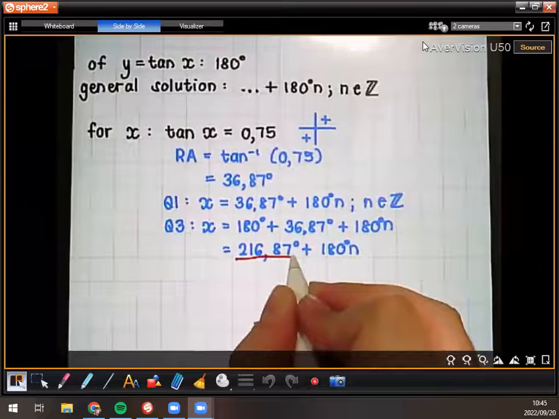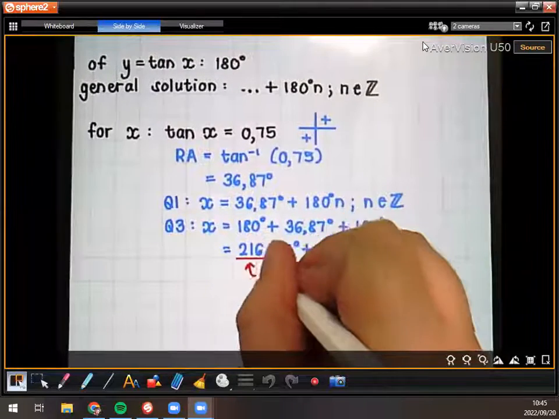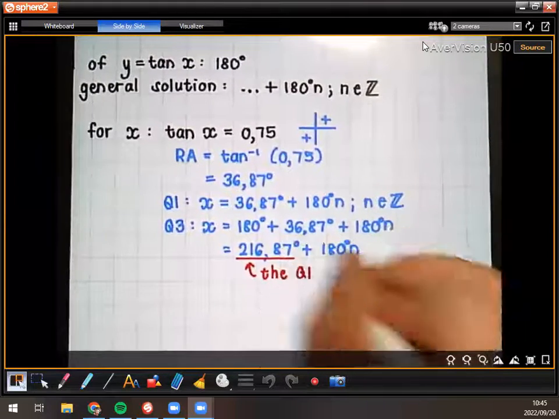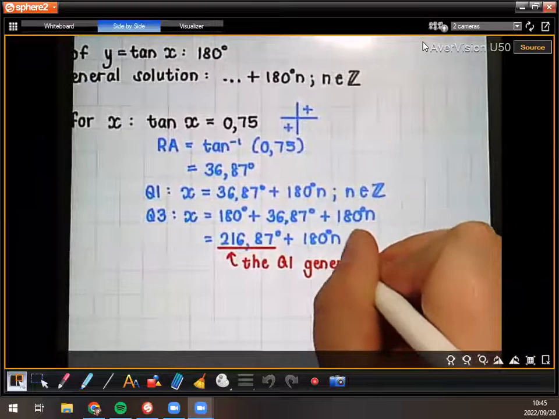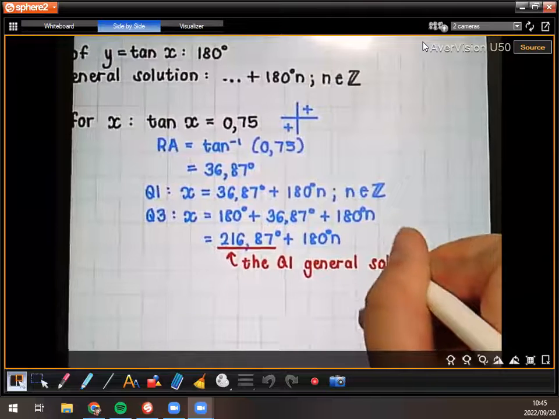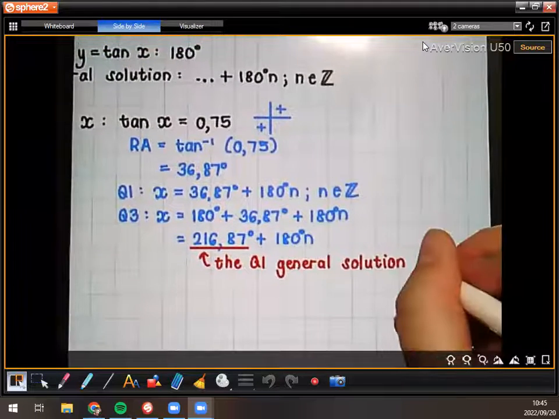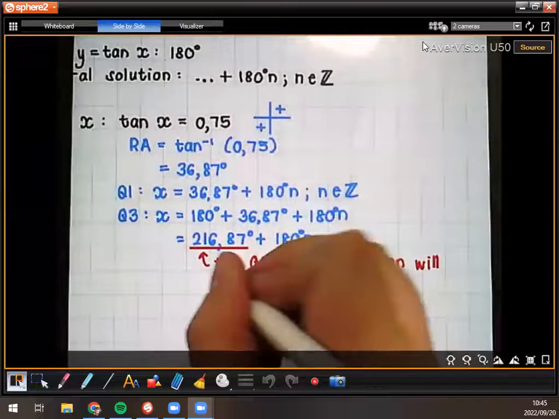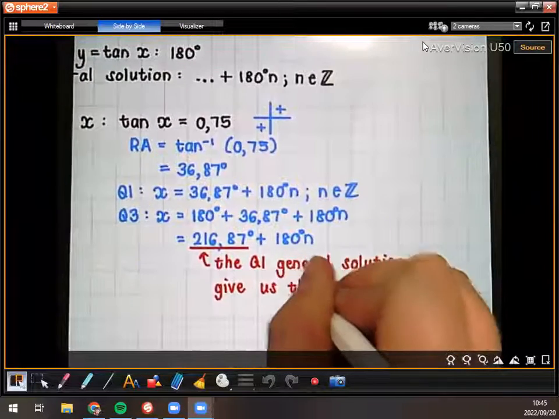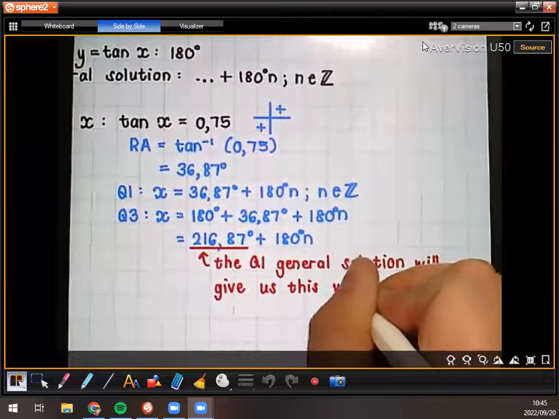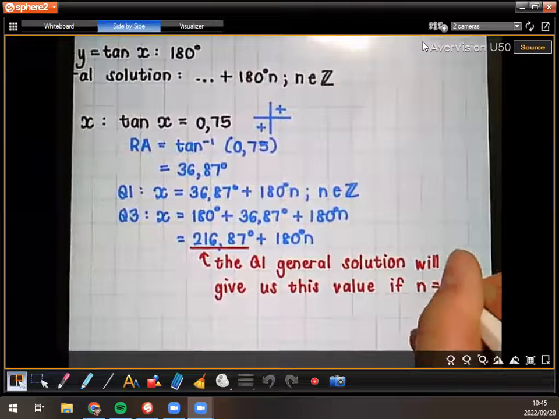I'm just going to underline this, and I'm going to make a note. The quadrant 1 general solution will give us this value if n is equal to 1.